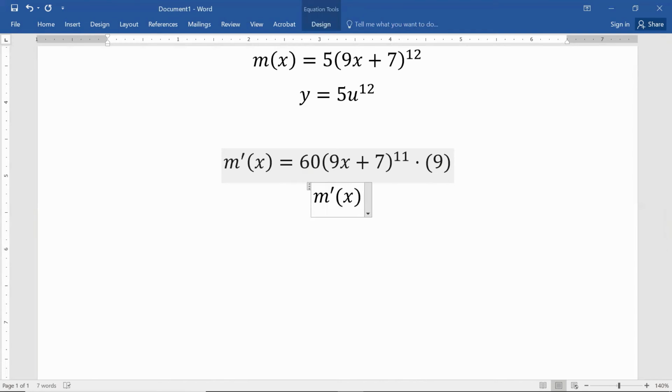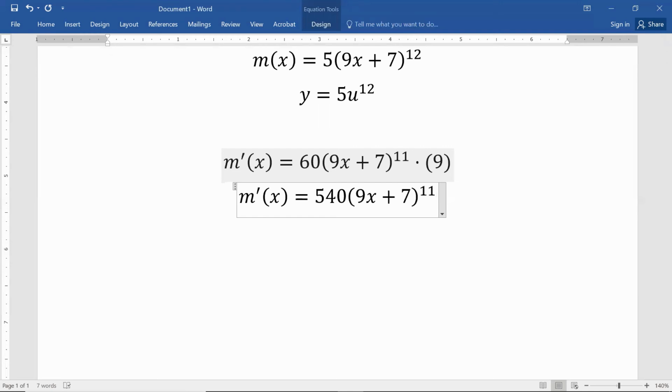So just take 60 times 9, multiplied times 9x plus 7 raised to the 11th power. And there you go.